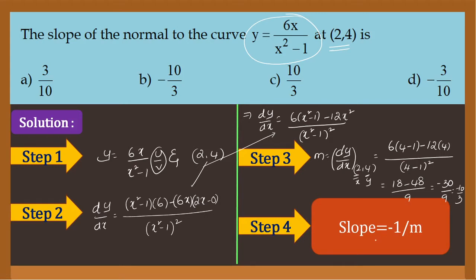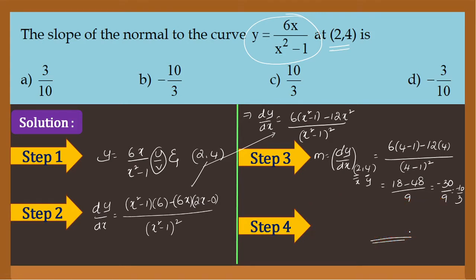Slope of the normal is equal to minus 1 by m. So here minus 1 by m is minus 10 by 3 is equal to, here minus minus get cancelled, 3 by 10. Therefore, the answer is option A.